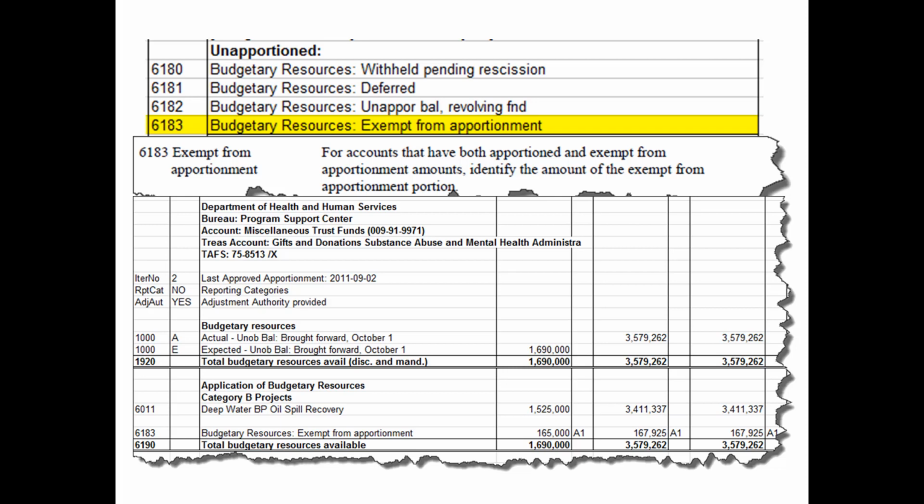Because gift funds are normally exempt and only wanted to apportion the BP payments, the total resources of the gift funds were reflected in the Budgetary Resources section of the SF-132. In this example, SAMHSA, the BP oil spill funds were apportioned in Category B, and the rest of the gift funds were on the exempt line.